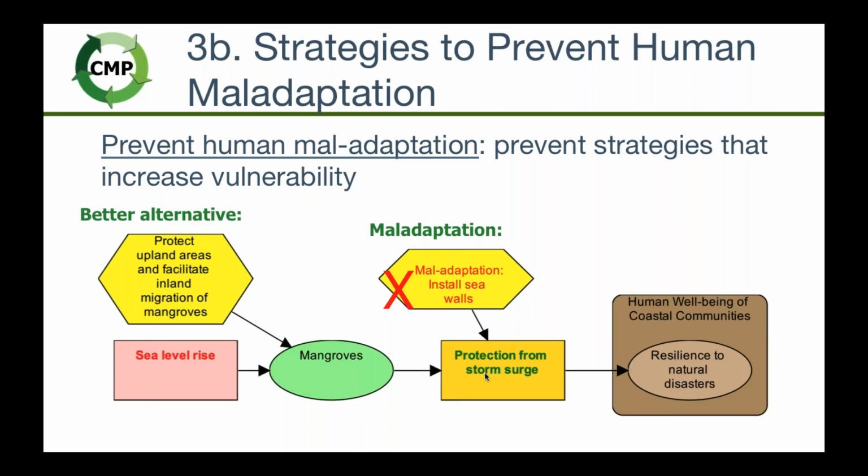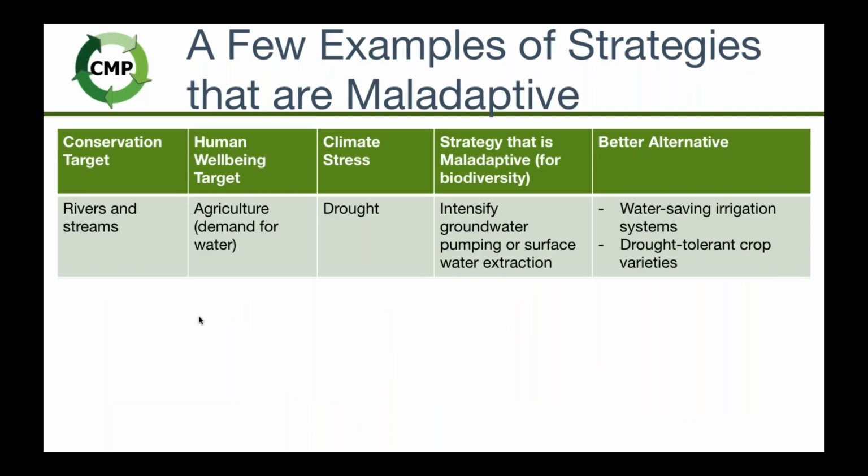A better alternative would be protecting upland areas and facilitating inland migration of the mangroves so that the mangroves can help to protect the coastal communities. And of course, there are other strategies, like keeping people from developing so close to the coast. So, just a few examples of strategies that are maladaptive and some better alternatives.